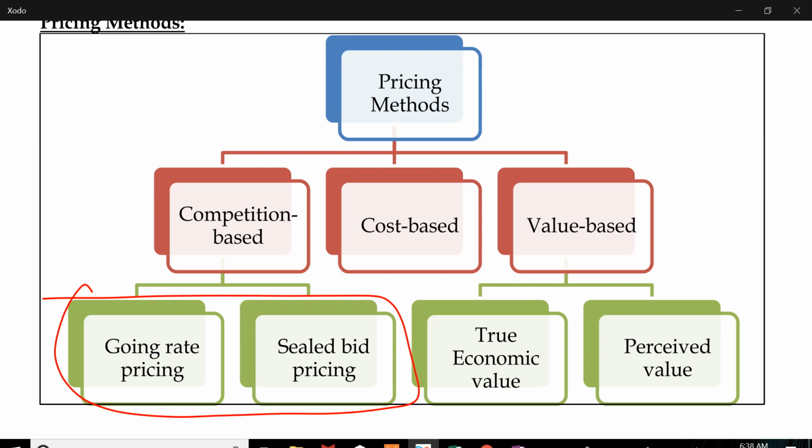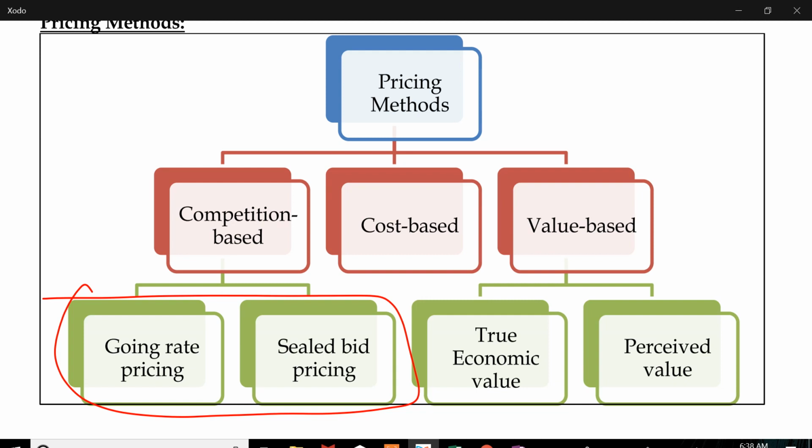Now sealed bid pricing is predominantly used in the defense industry. ISRO or DRDO will make an announcement saying that we are looking at XYZ for the Indian Army. The announcement comes in, all the multinationals quote for it, and whichever is the lowest price, the contract goes to them. In going rate, at least I know what my competitors are charging.